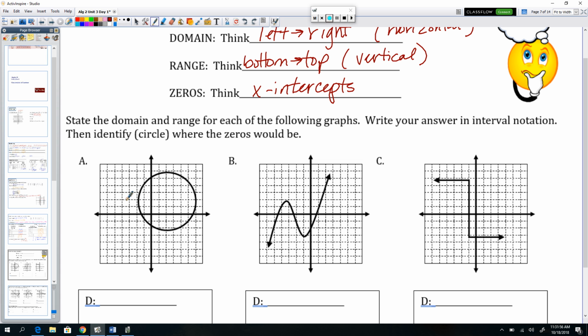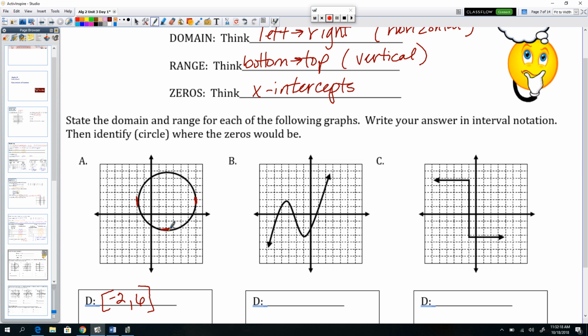So let's use our newfound skills of interval notation to declare these domains. And remember, domain is left to right. I apologize, these don't line up perfectly, but let's pretend like they do. Domain of this circle, all the x values that live on this circle are between -2 and 6. Everything between -2 and 6 is the domain of this circle.